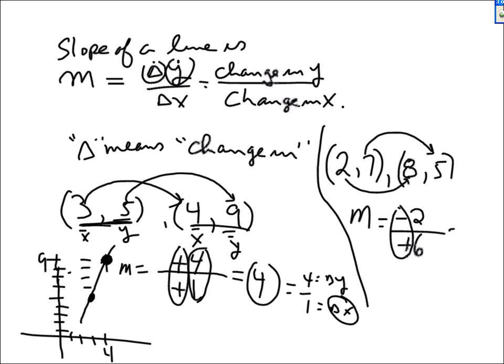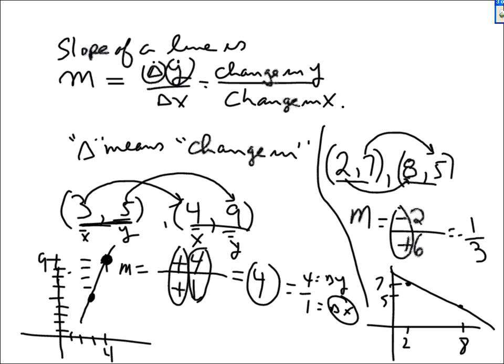Positive over negative is negative, and 2/6 reduces to 1/3. That's the slope of the line that contains those 2 points. Here is 2, 7, and here is 8, 5. The slope of that line is negative 1/3.